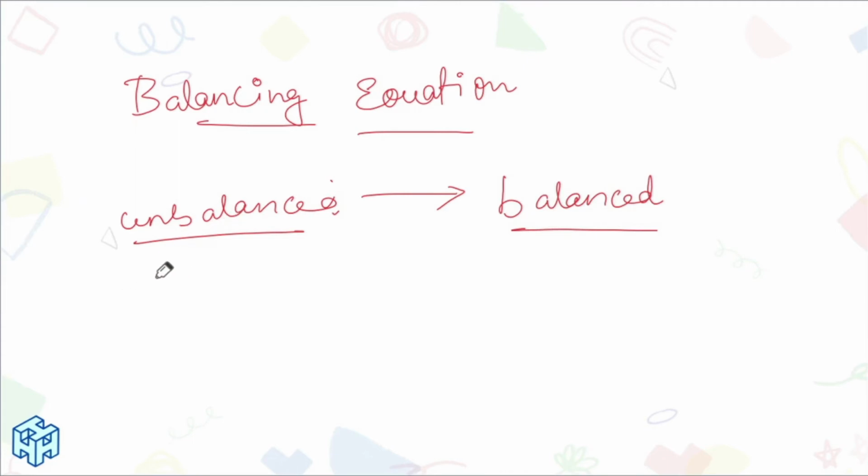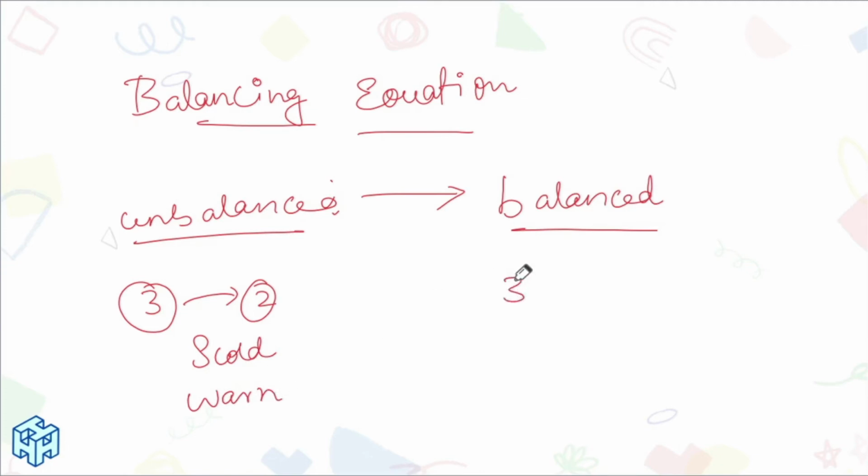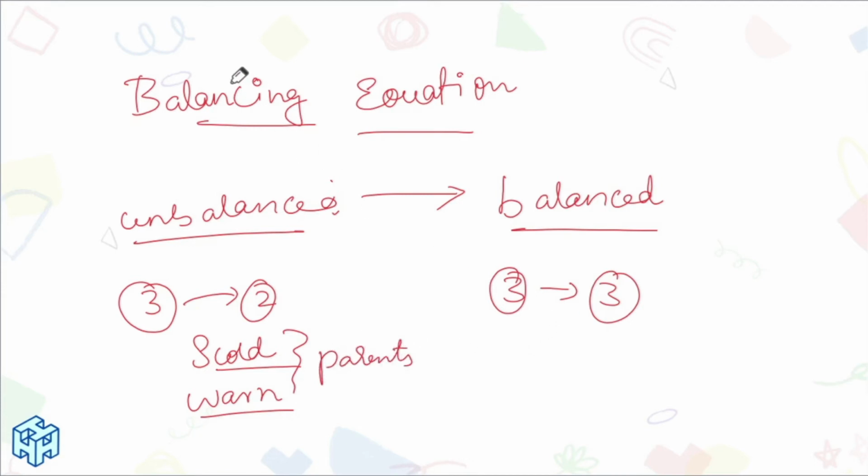Like a simple example, I have given my friend 3 rupees but he is giving me 2 rupees. What do I do? I scold him, I warn him, then he gives me 3 for 3. This scolding and warning is a process, right? Making him fear that I will complain to his parents. The same, by applying this equation balancing method, we balance an equation.